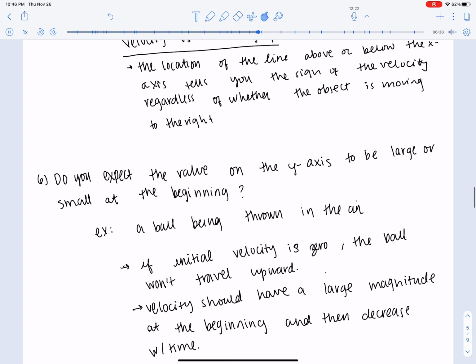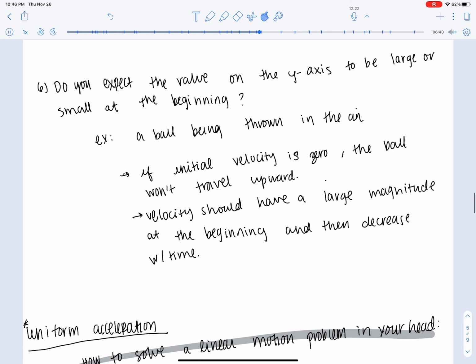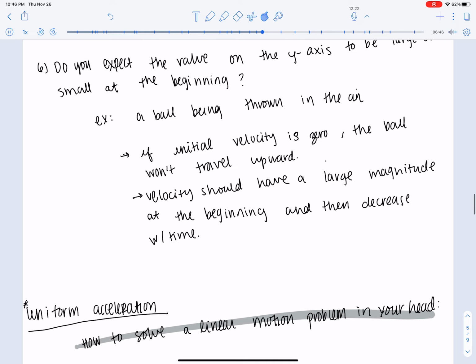And lastly, do you expect the value on the y-axis to be large or small at the beginning? For example, a ball being thrown in the air. If the initial velocity is 0, the ball won't travel upward. The velocity should have a large magnitude at the beginning and then decrease with time.